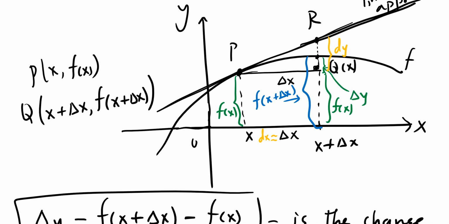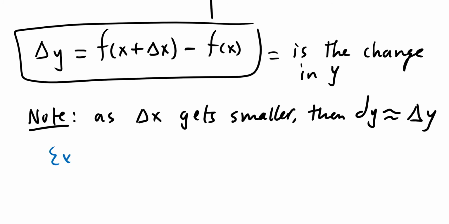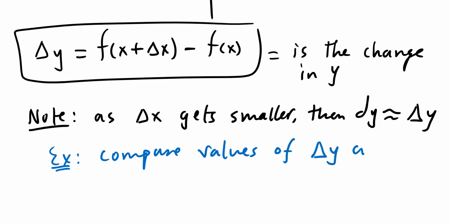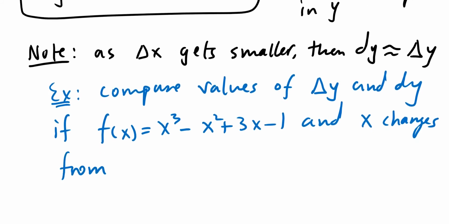And to see how to apply this to an actual example, let's compare values of delta y and dy, to see how close they can be, if the function f of x is defined by x cubed minus x squared plus 3x minus 1, and x changes from 2 to 2.06.